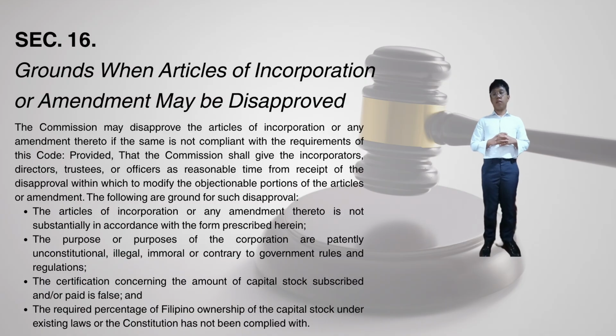First, the articles of incorporation or any amendment thereto is not substantially in accordance with the form prescribed herein. Second, the purposes of the corporation are patently unconstitutional, illegal, immoral, or contrary to government rules and regulations.